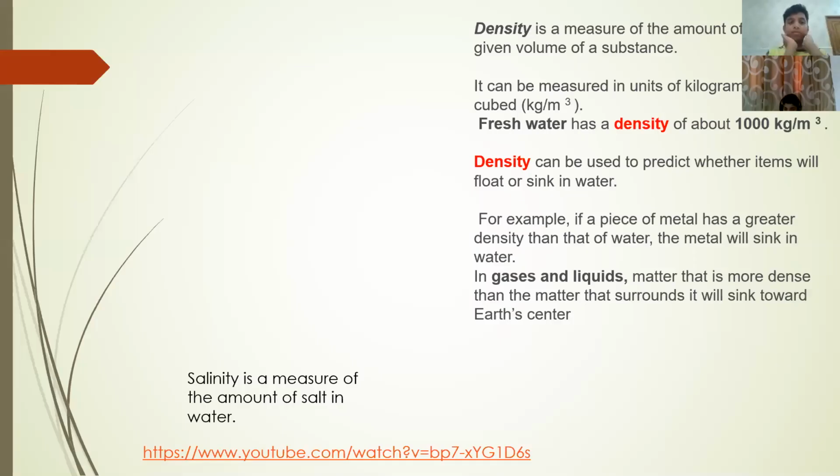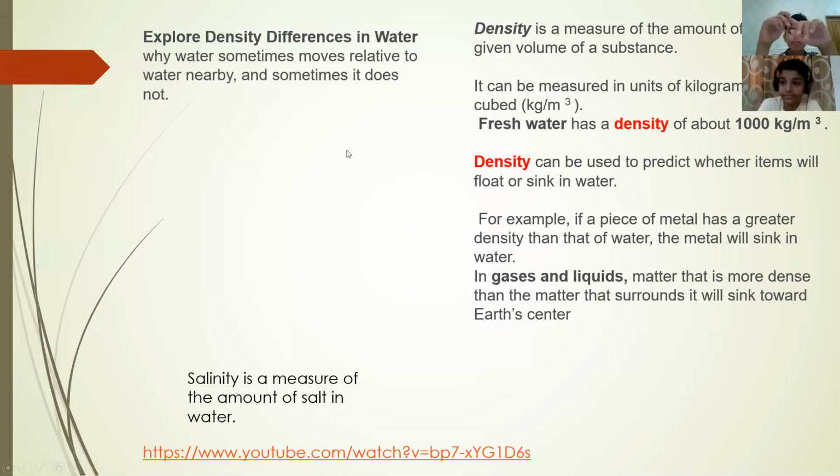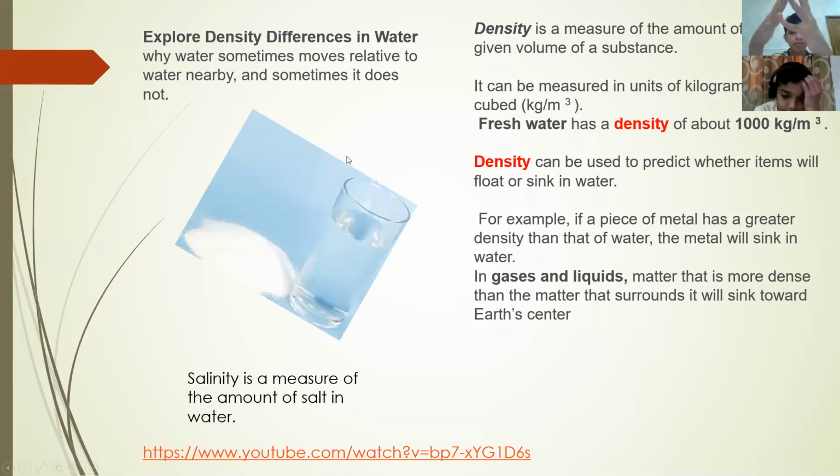Okay, I will put it on the Edmodo for you so that you can watch it again and make your comment concerning that. This is just to show you the relationship between the density and the salinity. Now, the differences in water, why water sometimes moves relative to energy.